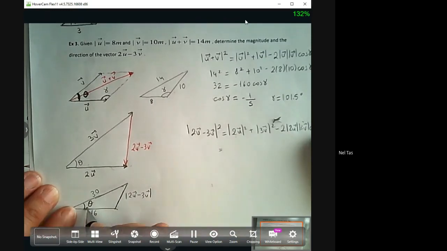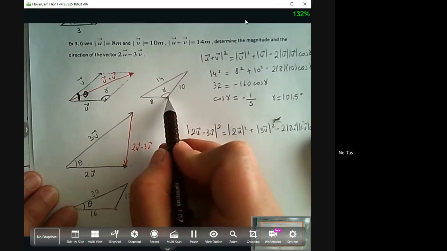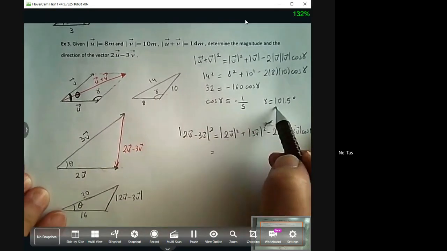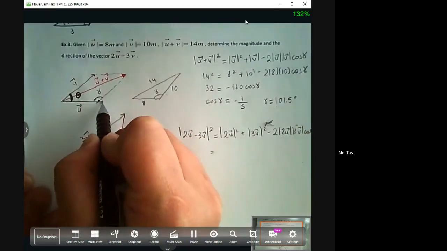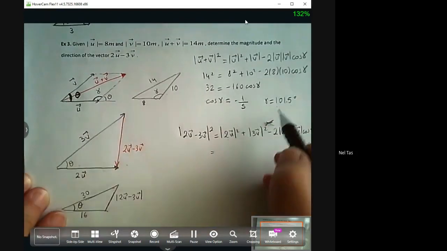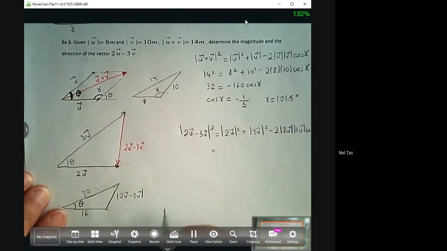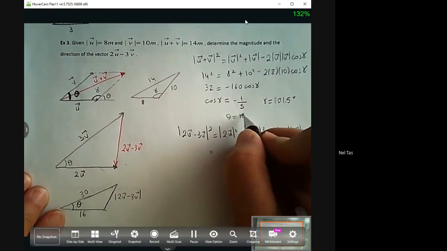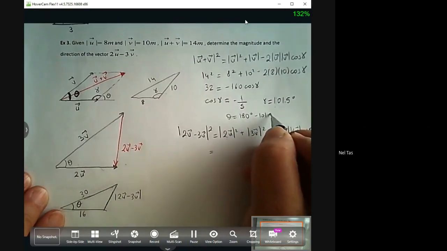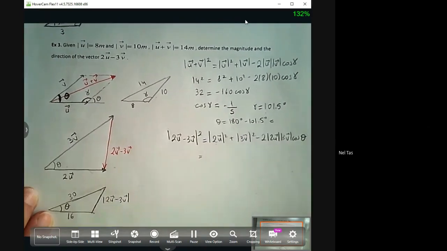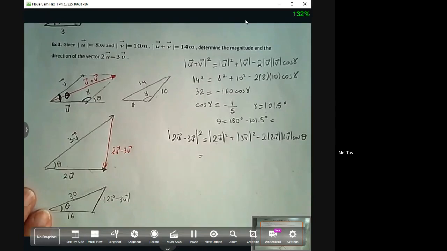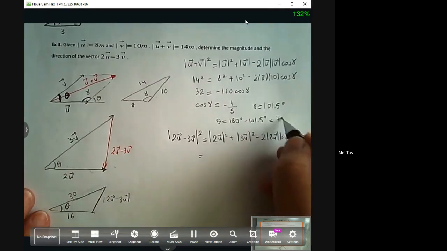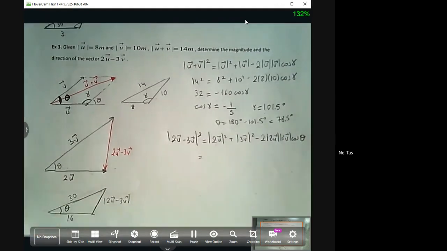Okay, so I need this angle theta. We got gamma 101.5. Then theta is 180 minus 101.5, 78.5.